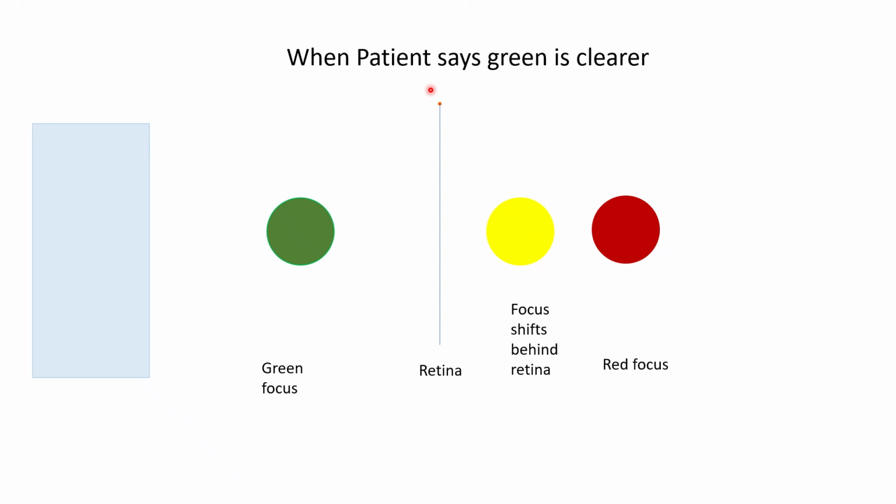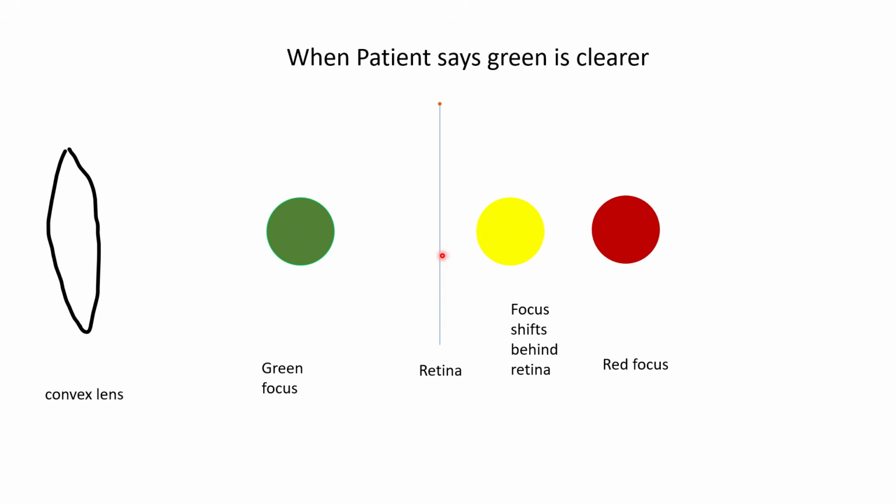Now, when the patient says the green letters are clearer, that implies that the focus, instead of falling on the retina, is actually falling behind the retina. Now you have to push the focus forward towards the retina. If you have to push the focus forward, which type of lens do you have to use? Yes, we have to use a convex lens.